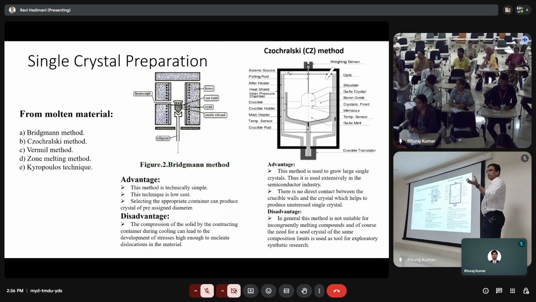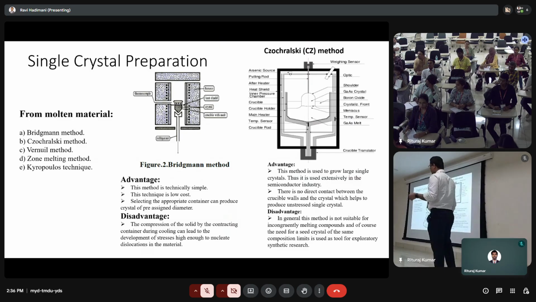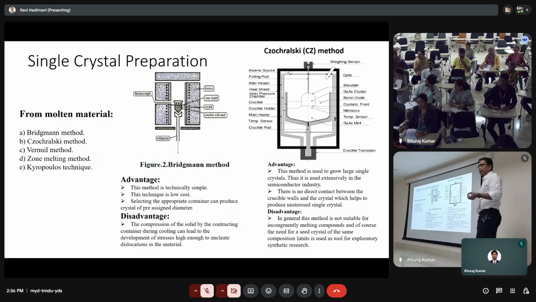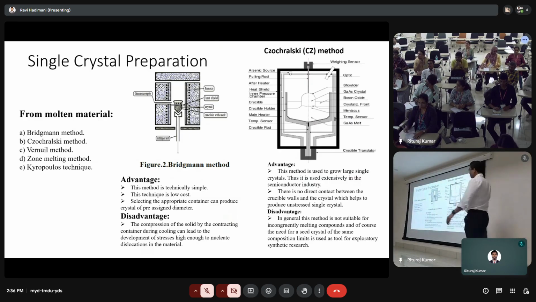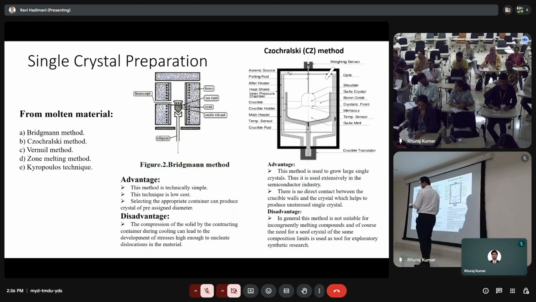So a cast material is what kind of material? Polycrystalline, right? It has grains. And the previous one is amorphous, where there is no crystallinity. You can have nanocrystalline material, but now the next one is single crystal material.